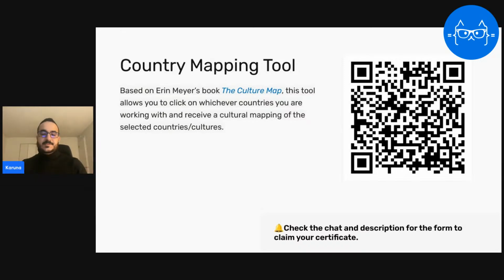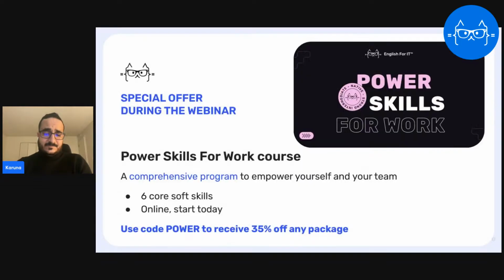Again, keep in mind these are generalizations, right? But generalizations based in reality to a certain extent, right? So feel free to use that tool. Very useful one. I'm going to leave it up a couple of seconds here so that you guys get a chance to scan the QR code.